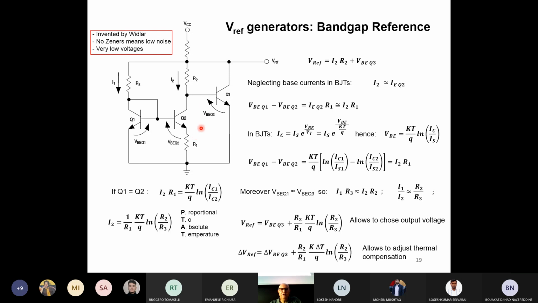And I already told you that if we consider the difference between VBE of Q1 and VBE of Q2, this voltage difference will be the voltage drop across R1, that in turn is given by R1 times I2. Okay, the current is the same. I forgot to take the pen with me, I can write it like this. So the current here is again I2.